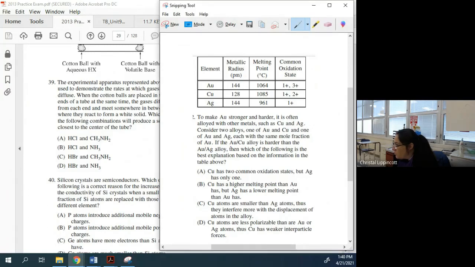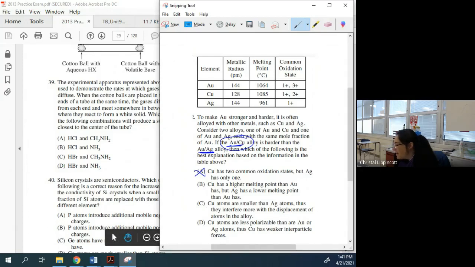The gold and copper alloy is stronger than this one, so why? Two oxidation states here doesn't matter. That's irrelevant. The Cu has a higher melting point than Au, but Ag has a lower melting point than Au. I could see where that might end up.